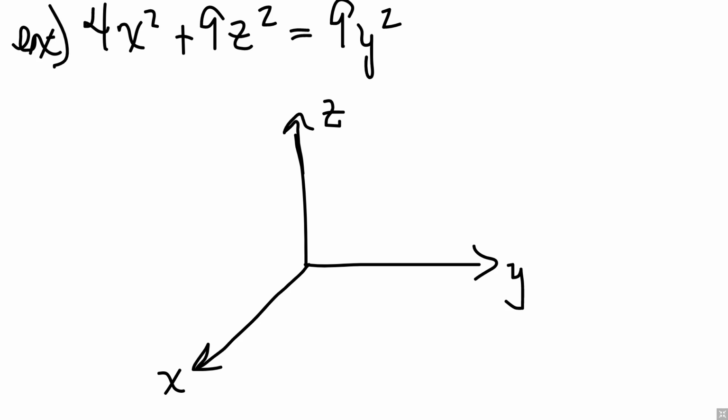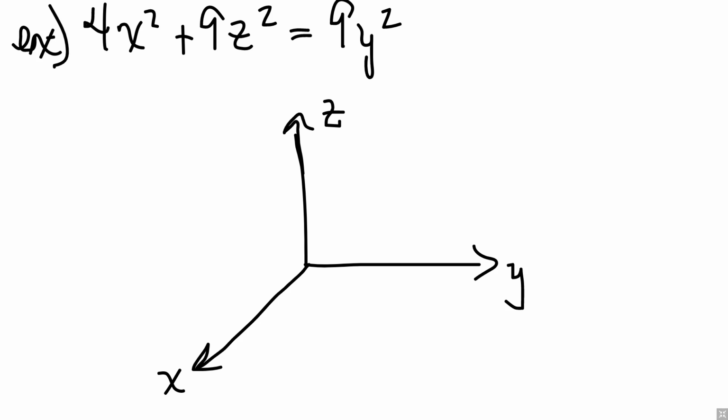I'm trying to think of a nice way of doing this. Okay, so if we take a look at this, say if x is 0, you'll have 9z squared equals 9y squared.